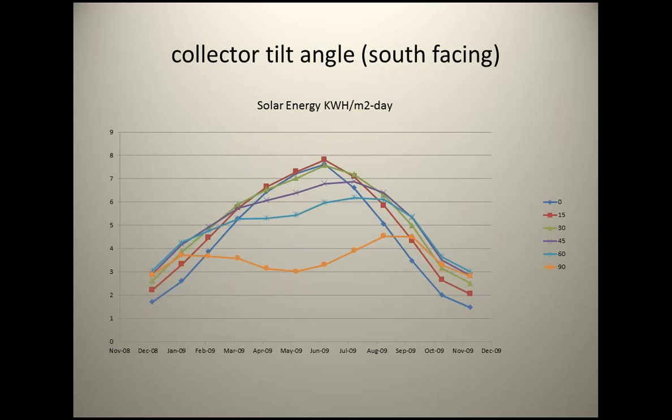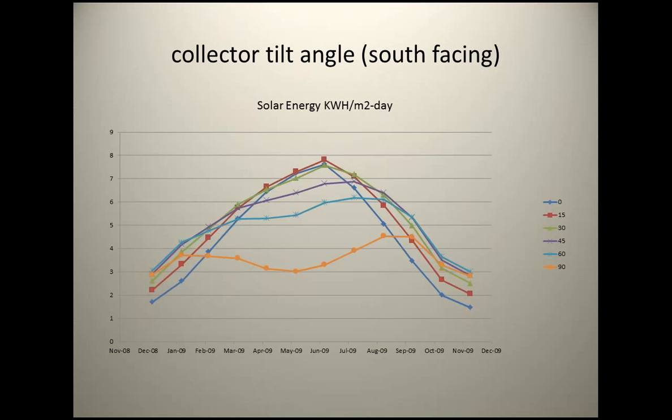Okay, so collector tilt angle. This is for a south-facing collector. Any kind of collector, and now we're just measuring how much energy we get from the sun, depending upon what the tilt angle of the roof is. You can have a flat roof, and that is the blue line, this line here. You could have a 90-degree wall.